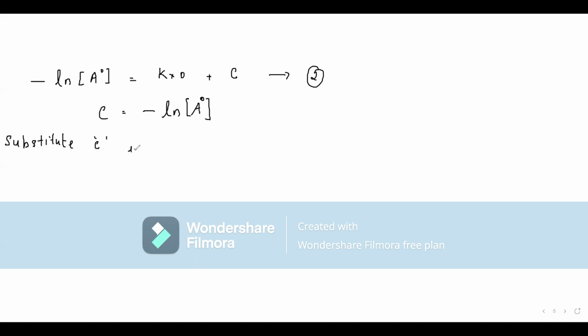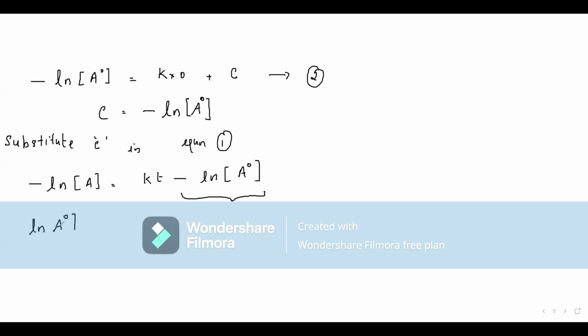Substitute C in equation 1. So you get minus ln A is equal to KT minus ln A naught. Now, take this minus ln A naught to the right side.